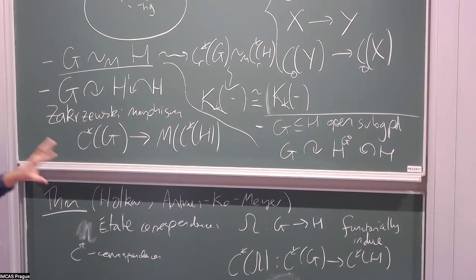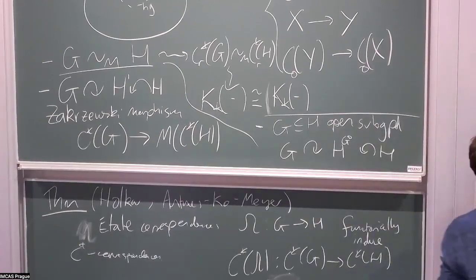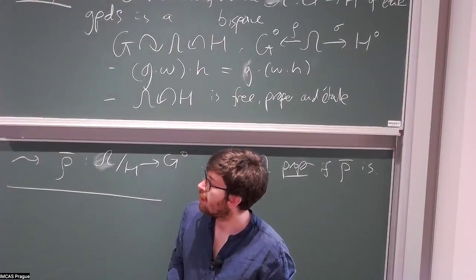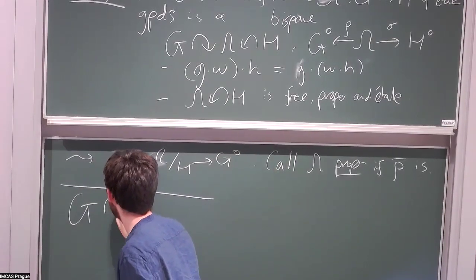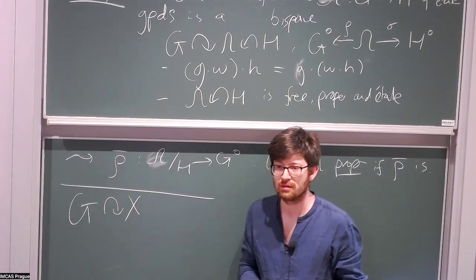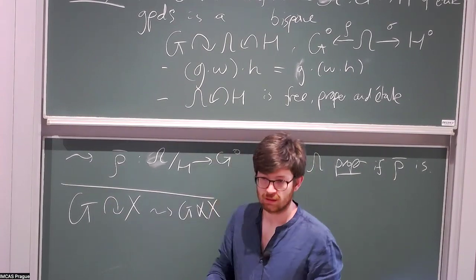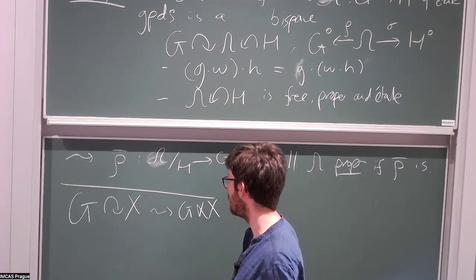These appear in a lot of places, and these guys appear more often than you'd think. So maybe I can give you an example actually. I should have given some more examples of these. One thing is that if you have a groupoid acting on a space X, you can form a transformation groupoid of this, in the same way that you form a transformation groupoid of a group action.